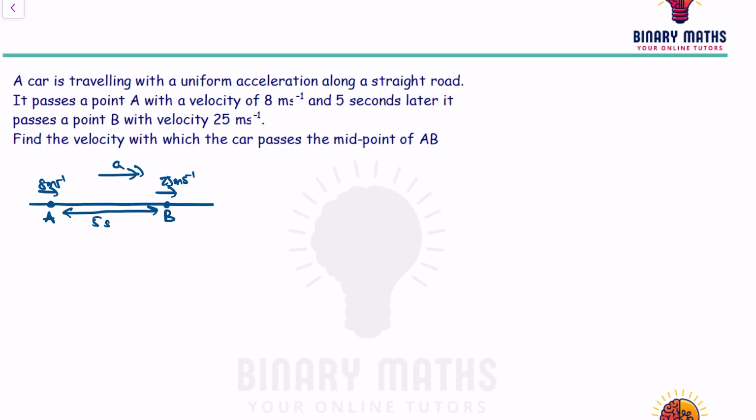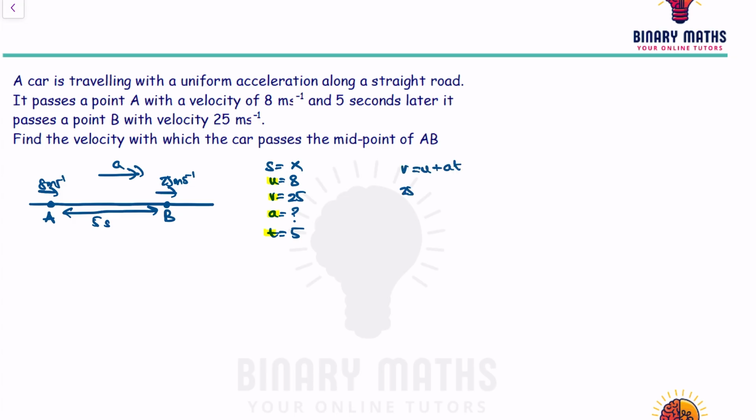So the first thing we need to do is work out acceleration, because that will help us solve a lot of problems. Do we know the distance or displacement? No. We know the initial speed is 8, the final speed is 25, time is 5 seconds, and we're trying to work out acceleration. So we've got u, v, a, and t, which means we're using v is equal to u plus at.